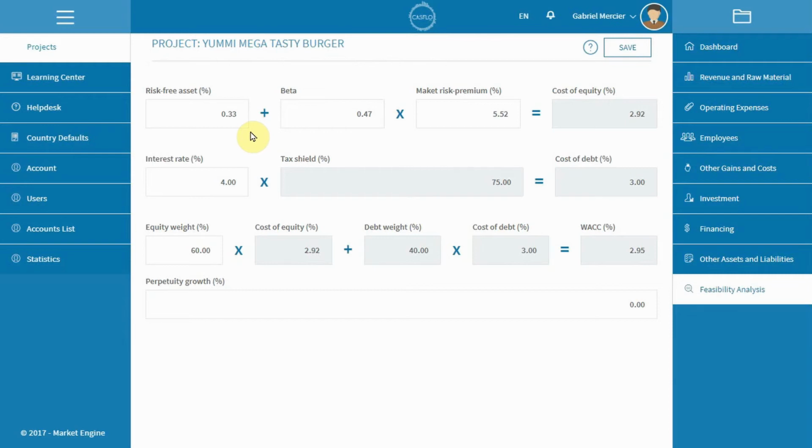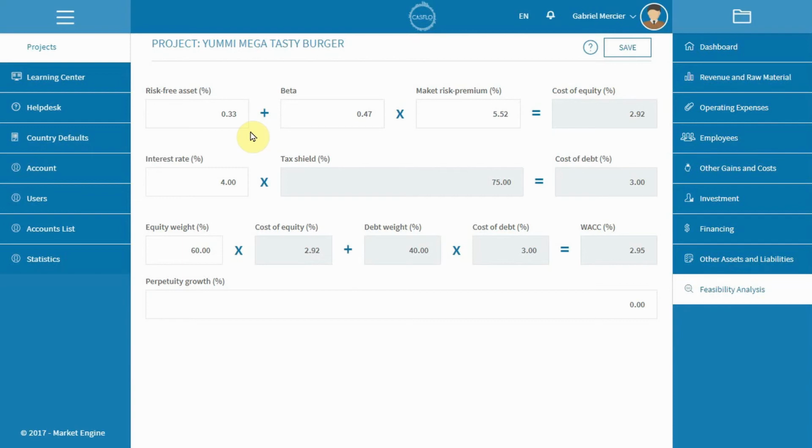Next comes the cost of debt, which represents the cost of financing through external means. To represent the cost of debt, we could use the average interest rate of debt financing held by a company, an average of the interest costs, by dividing the interest costs by the debt of a particular year, the interest rate of the most relevant loan held by the company, or you can do a market research.